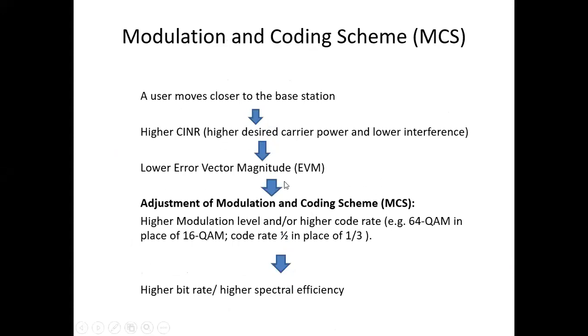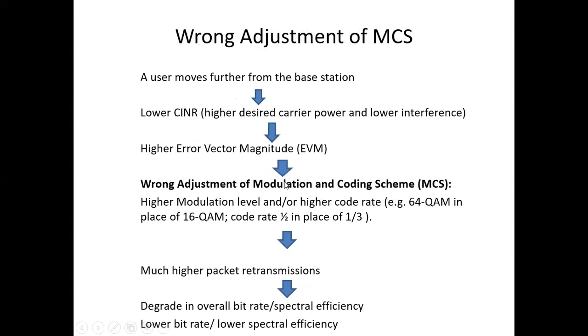So lower CINR will cause an increase in EVM. So you need to choose proper modulation and code rate. In the next class we will discuss how you adjust this modulation and coding scheme for cellular technologies.